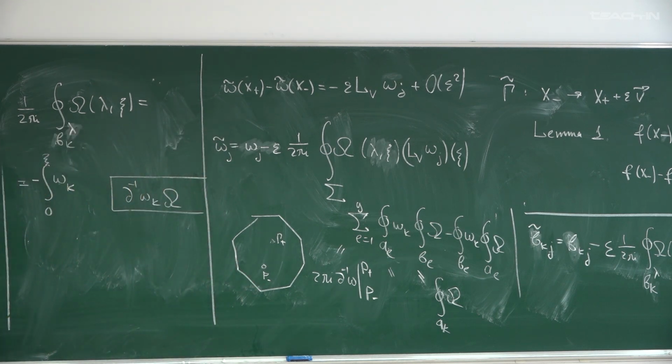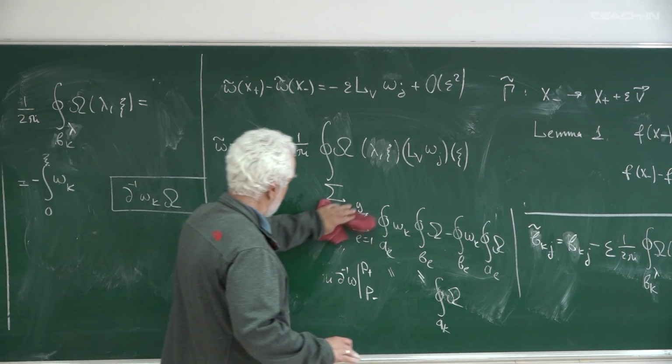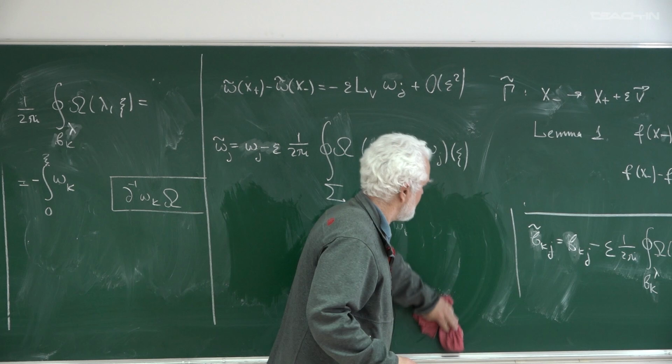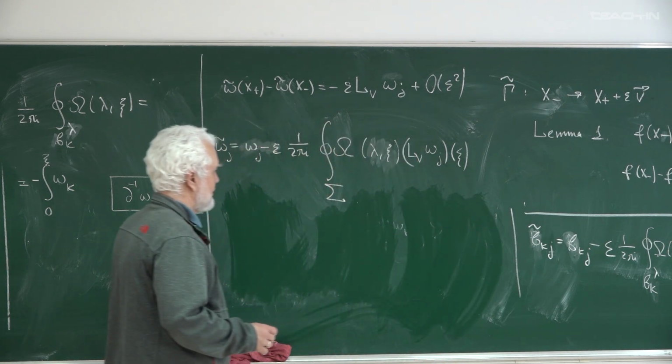So far, so good. May I remove this? Riemann bilinear relations. But what do we obtain?